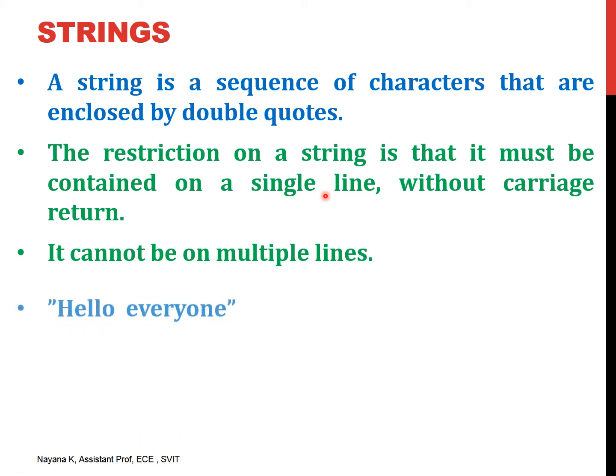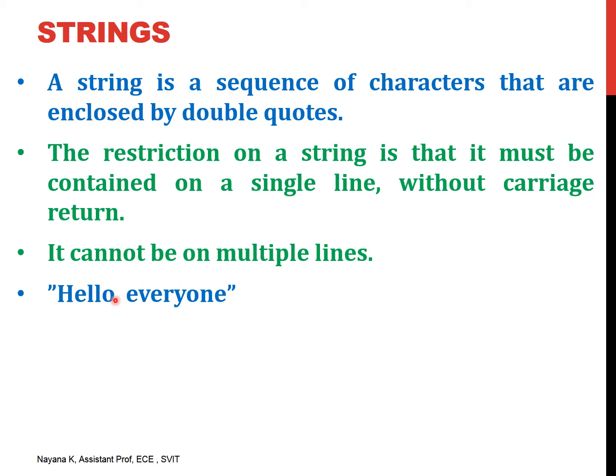Let us look into an example. We have some set of characters here, "Hello everyone", enclosed within double quotes. So this is a valid string. Let us count how many characters are there in this string. We have 1, 2, 3, 4, 5. If we observe, we have a white space, the blank space between these two sets of characters.